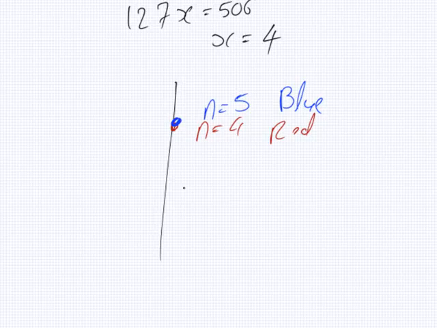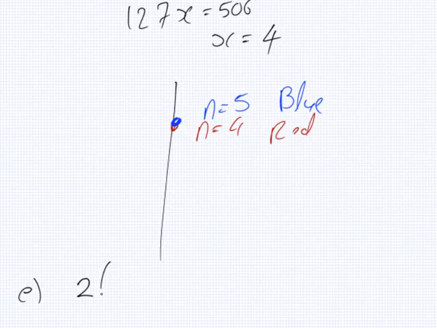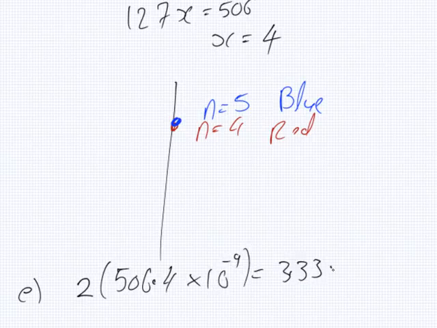Alright, what's the next part, Adnan? Determine the diffraction angle for the second order of blue light. Oh, that's so easy. Right, so n is 2. Lambda for the blue light is 506.4 nano, and that equals d, which is still 3.33 times 10 to the minus 6, sine theta.